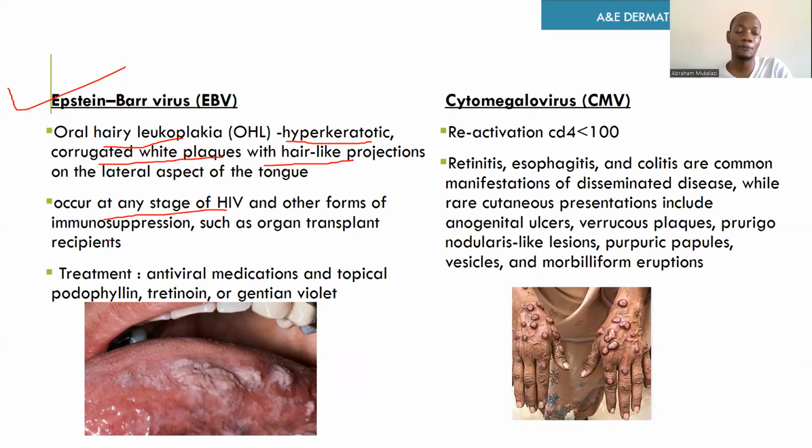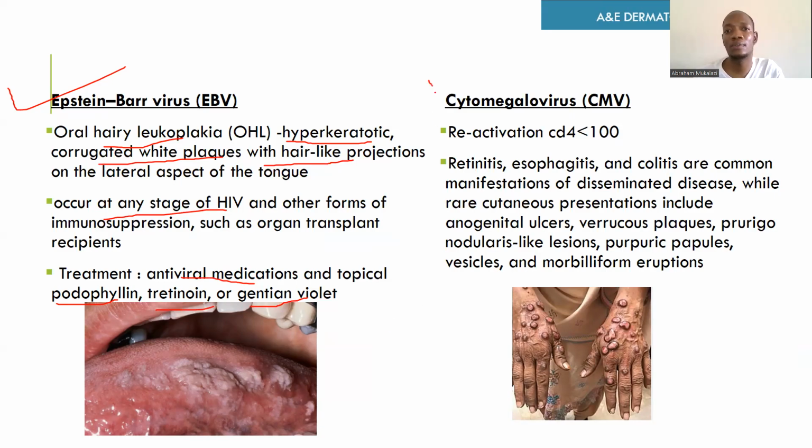Sometimes it's not limited only to HIV; it can occur in other people who are compromised, especially those living with other malignancies on chemotherapy and immune suppressive drugs like tumor necrosis factor alpha inhibitors. They can present with this oral hairy leukoplakia secondary to Epstein-Barr virus. Treatment usually is antiretroviral medicine, including acyclovir, but you can add topical podophyllotoxin, tretinoin, and gentian violet to try and remove these verrucous plaques on the tongue.